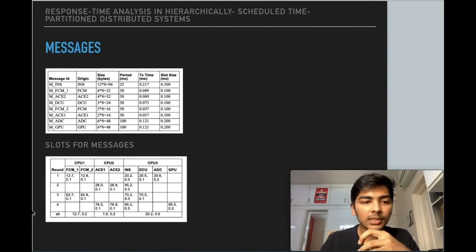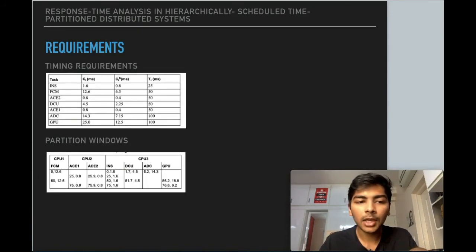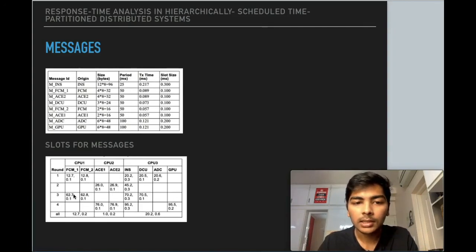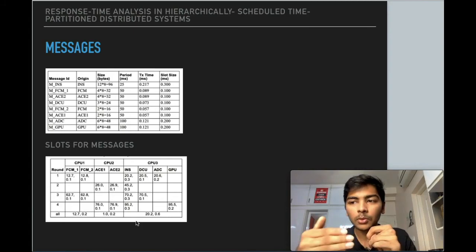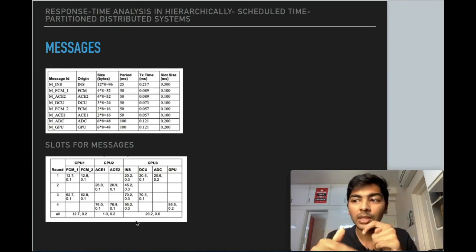Each message, based on the partition systems and the timing requirements, is given a particular slot. These slots correspond to how much time each message takes and how long each message executes. Assuming that the CPUs and the network schedules are synchronized, we can run each task in a separate partition.